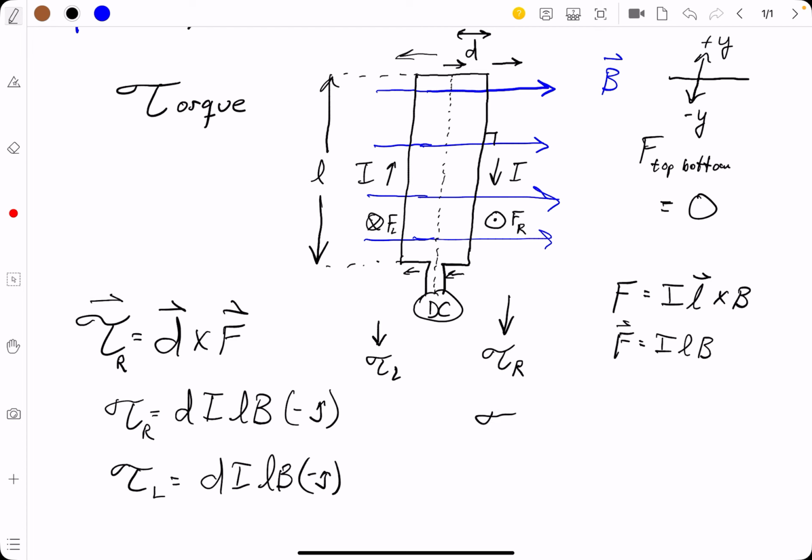So we're really going to be adding our total net torque, adding our torque from the right plus our torque from the left, and that leaves us with 2 times D times I, L, and B.